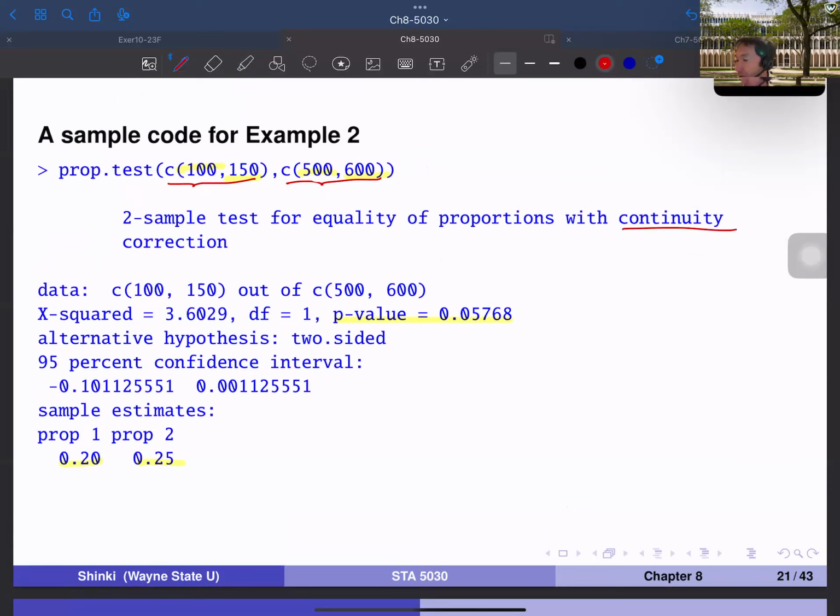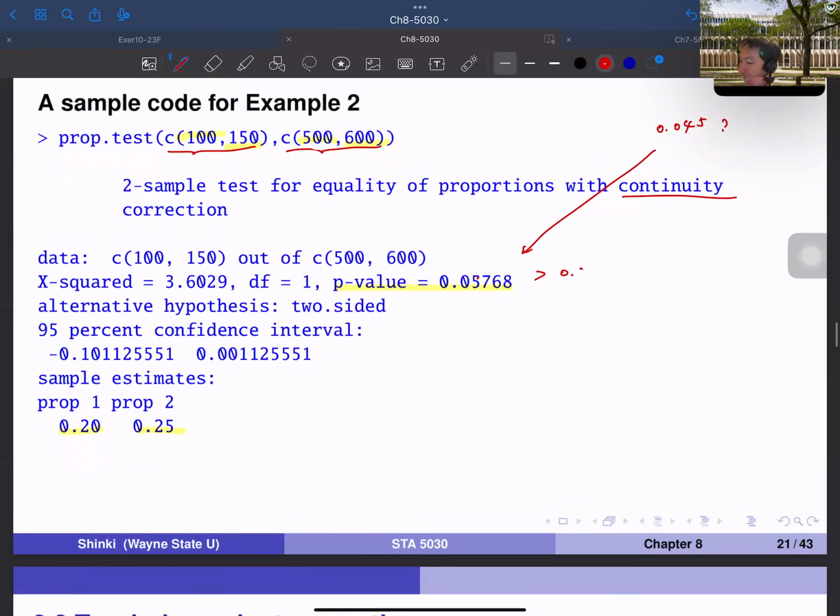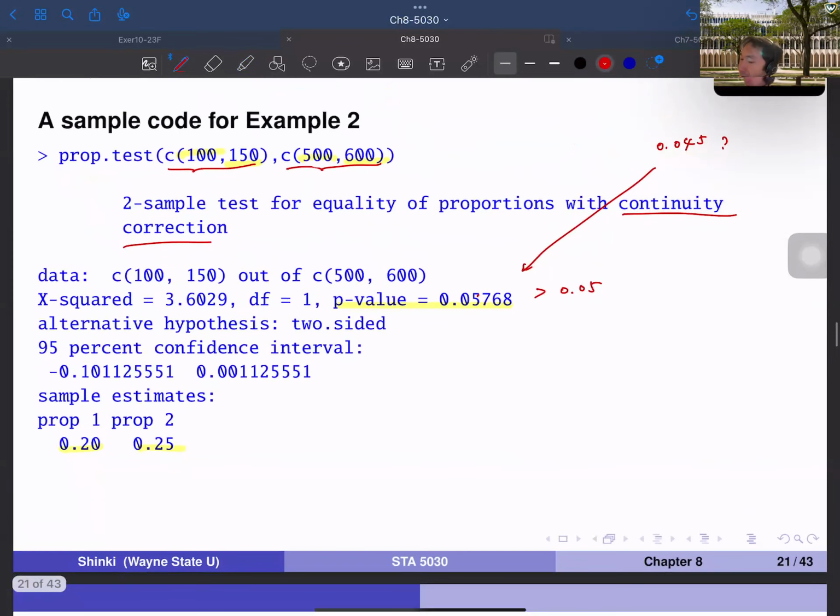So we have continuity correction, and the result becomes slightly different. On the previous page, the p-value is probably 0.04 something, 0.045 or so, but here the p-value is slightly larger than 0.05. The difference comes from continuity correction. Which one should we choose?